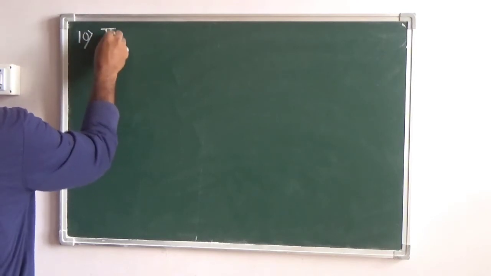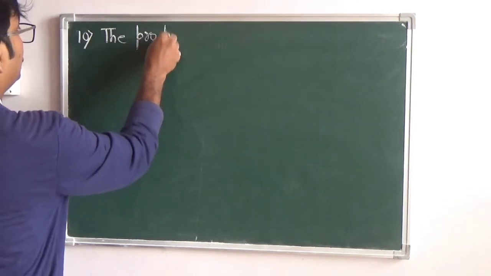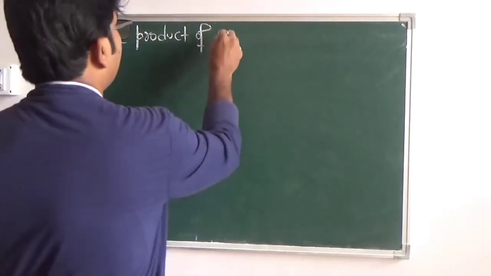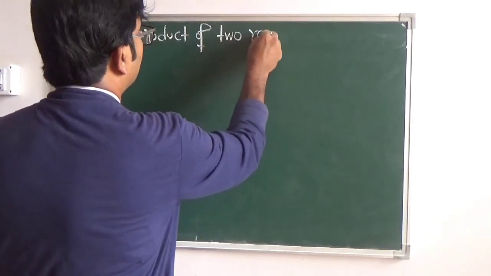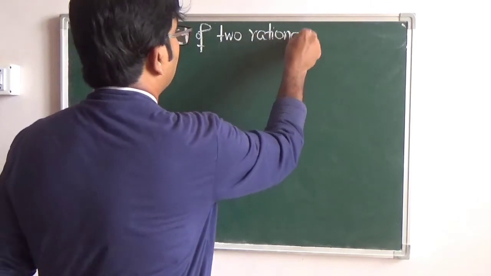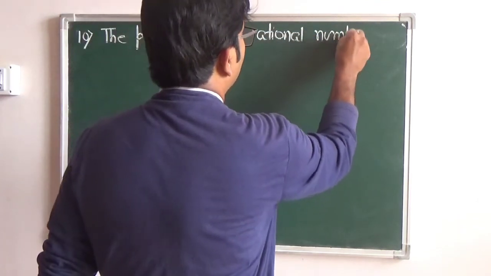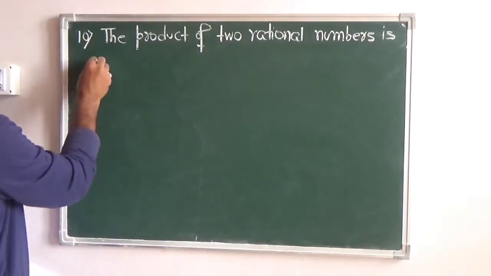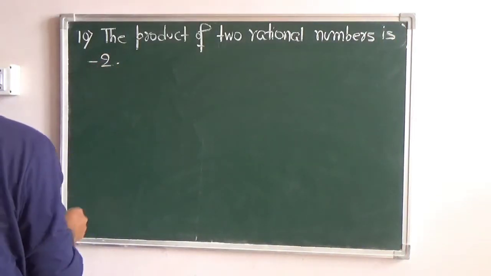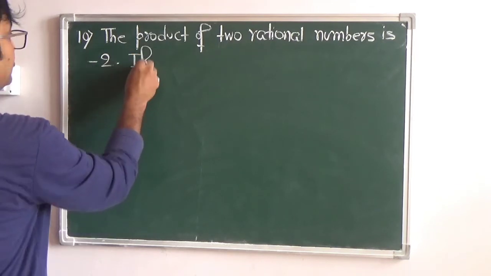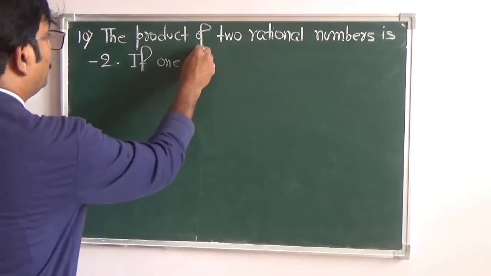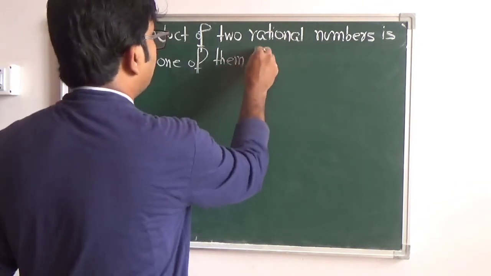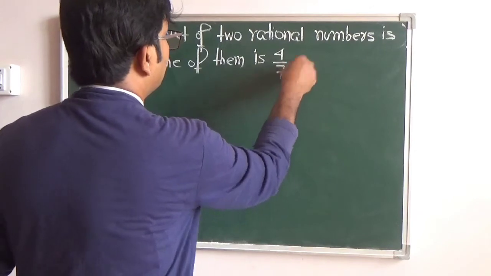The product of two rational numbers is minus 2 if one of them is 4 by 7.